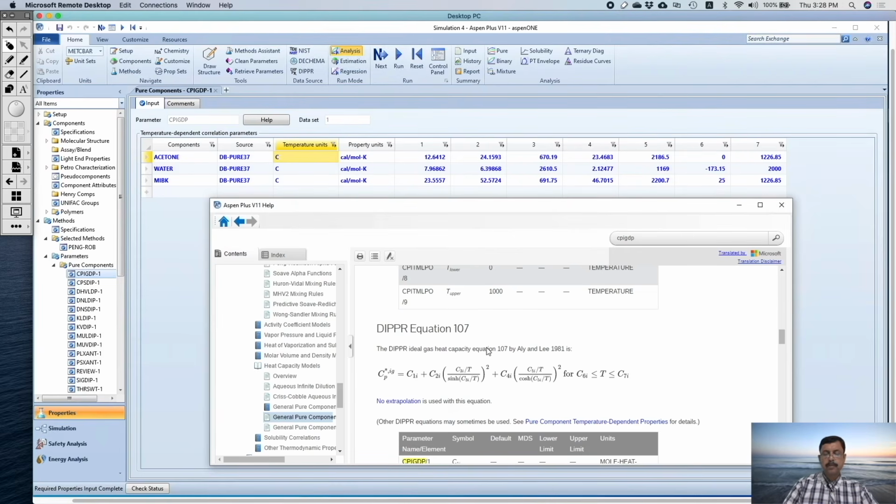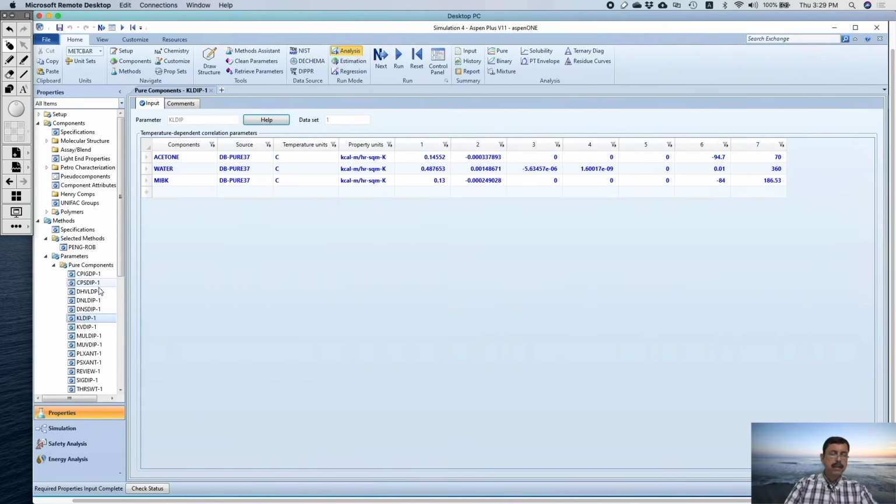So the range of temperature within which this equation is valid, that is also given. Same is there for water and methyl isobutyl ketone. Similarly, you will get other things like thermal conductivity, viscosity, etc.